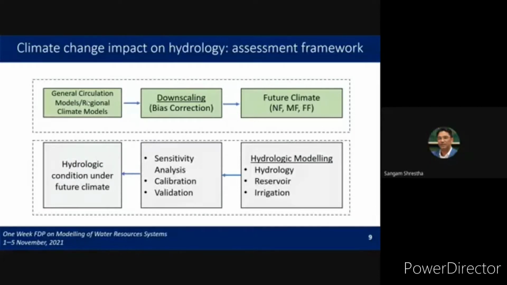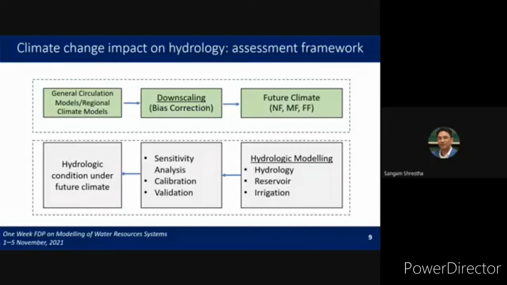But impact assessment studies are mainly conducted at the local level, right? For example, watershed level or basin level. So these climate data should be translated into the local level, and we can use the process called downscaling or bias correction. And there are several techniques of downscaling and bias correction.